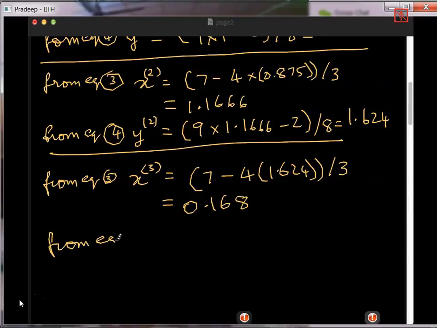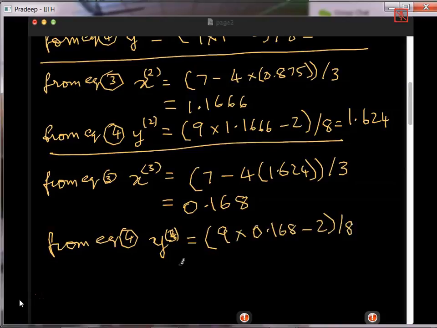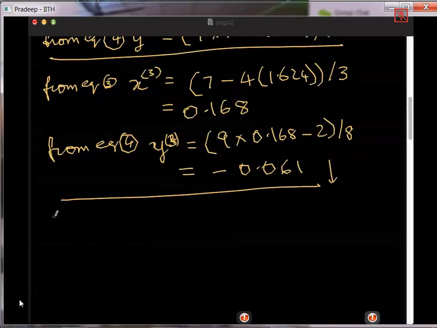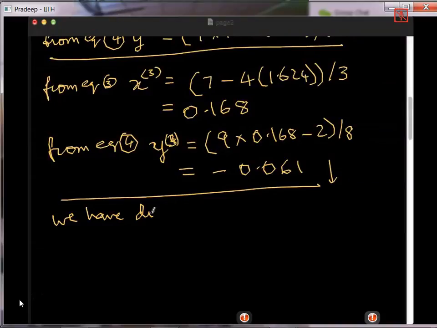Again from equation 4, y3 equal to 9 into 0.168 minus 2 divided by 8, which is minus 0.061. By the way, how many times do you have to do it? We have done 4 iterations.